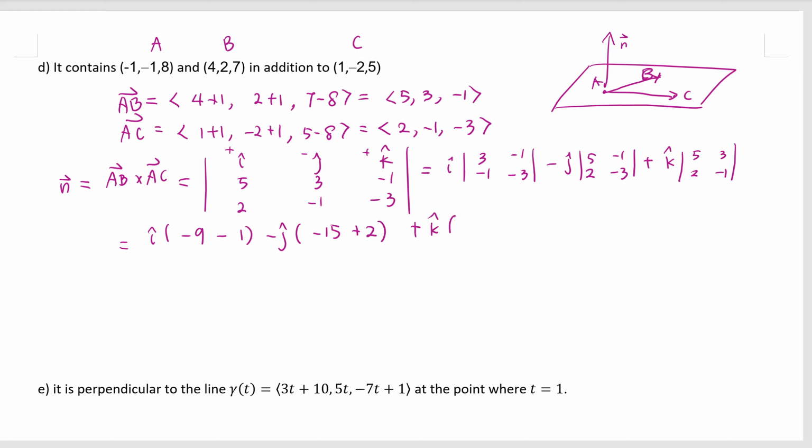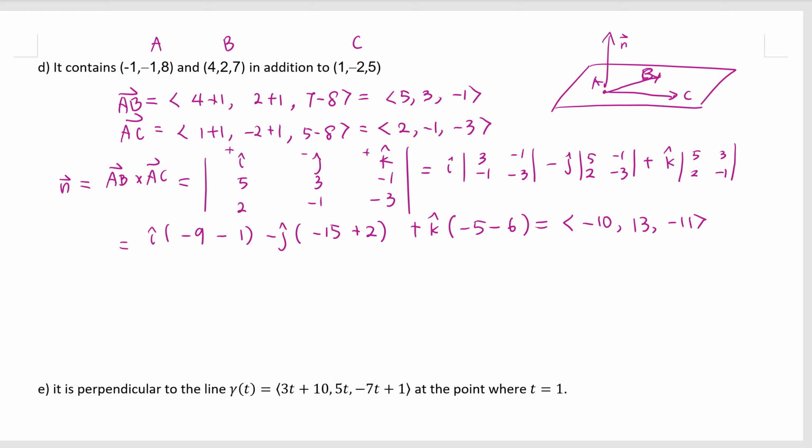Plus k: 5 times negative 1 is negative 5, minus 2 times 3, which is 6. So negative 1 minus 9 is negative 10, negative 15 plus 2 is negative 13, but there's a minus in front of it, so it becomes 13, and negative 5 minus 6 is negative 11.